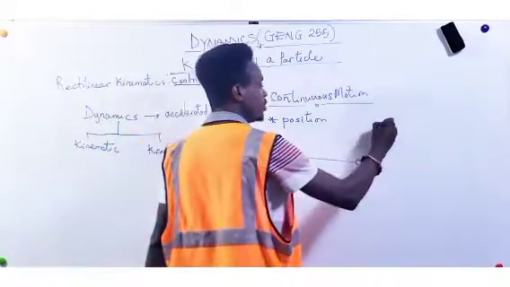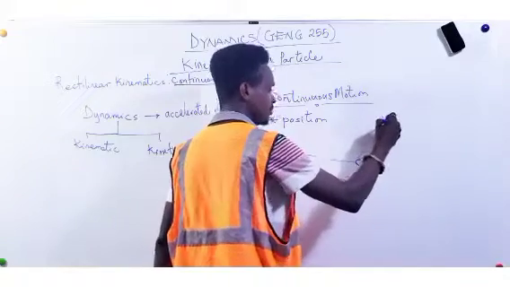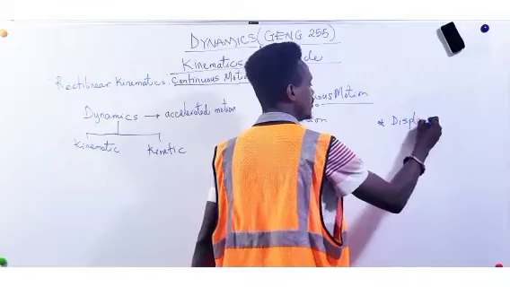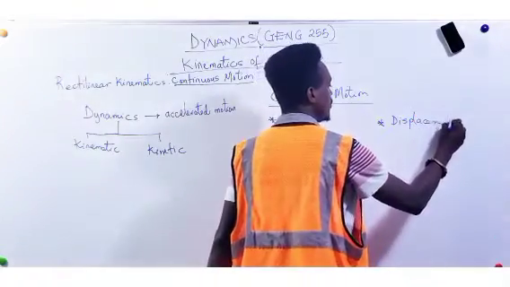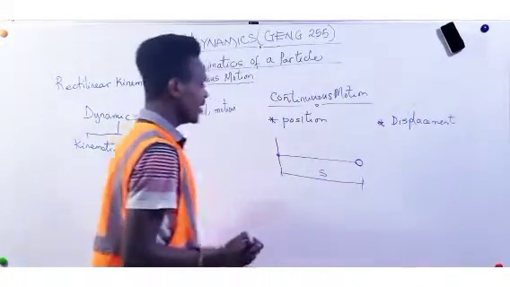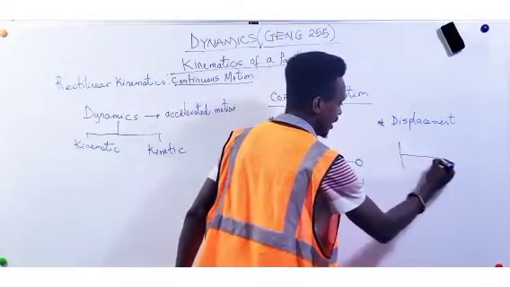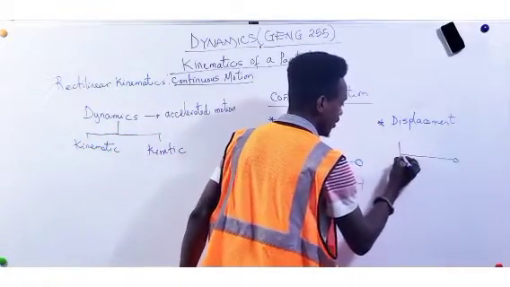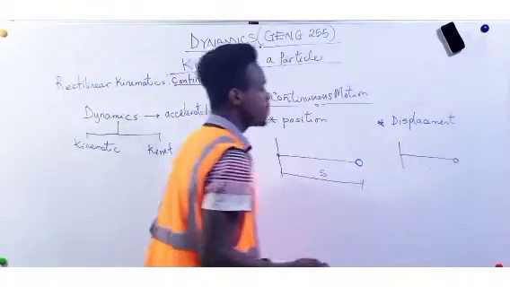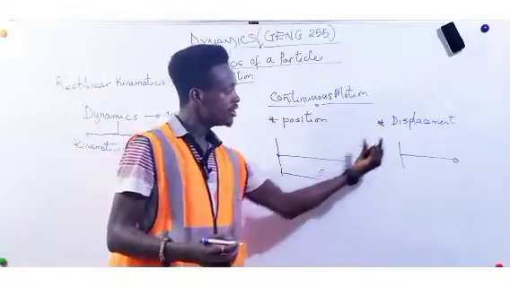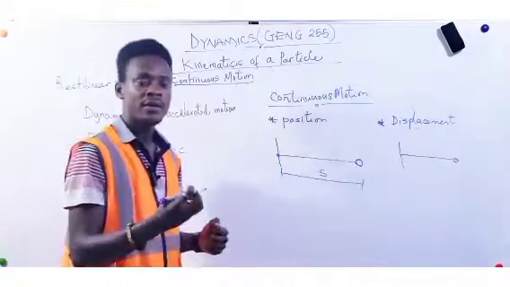Our next continuous motion characteristic is displacement. Looking at the same diagram, we have this as our position, and this is our ball. If the position changes, it becomes what?